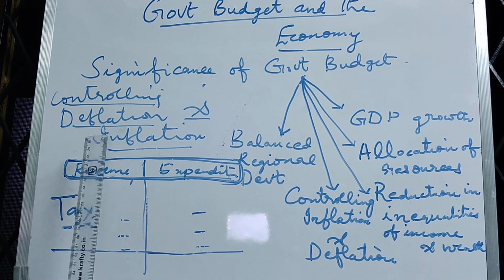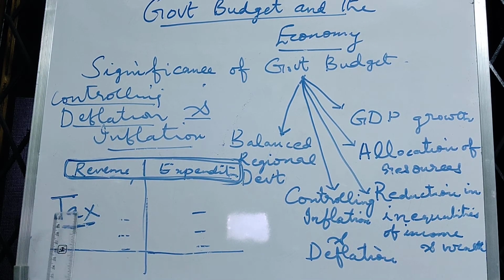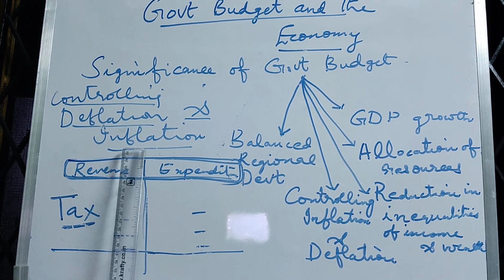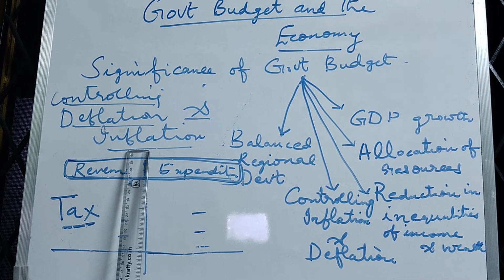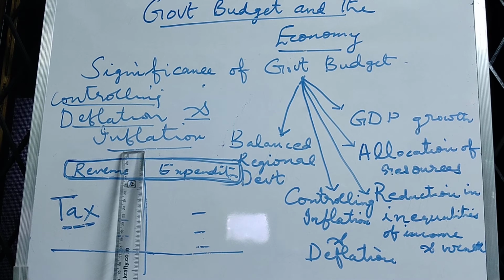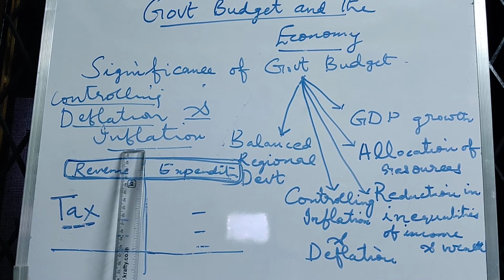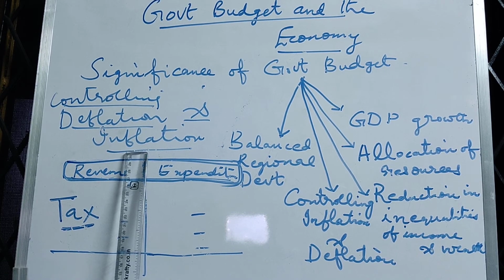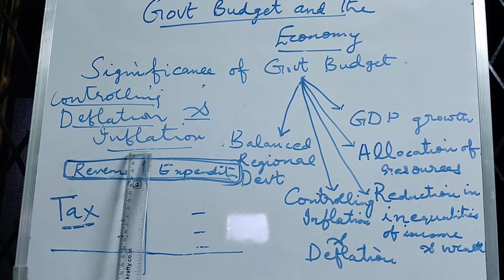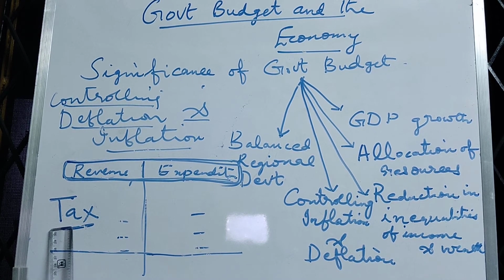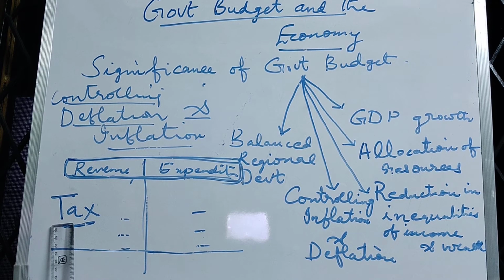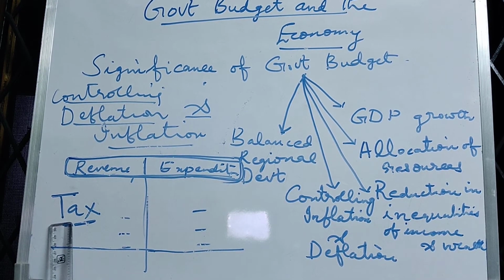Say, for example, inflation: money supply is more, people are having more liquid cash, the liquidity of the people is high. So the government wants to reduce the money supply. In that case, the government will increase the taxes so that the liquidity of the people can be soaked.